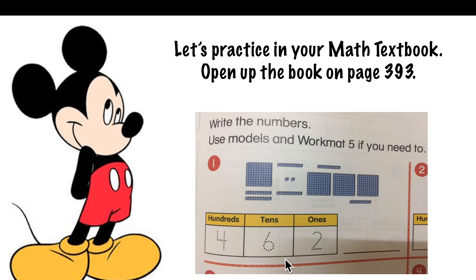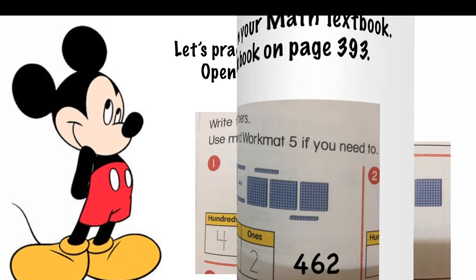What's the final number? 462. Do you understand what we're going to do? Count the numbers through the place value blocks and write the numbers in the place value chart. And then we will read the big numbers.